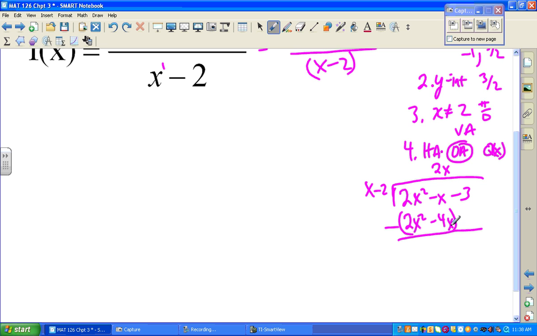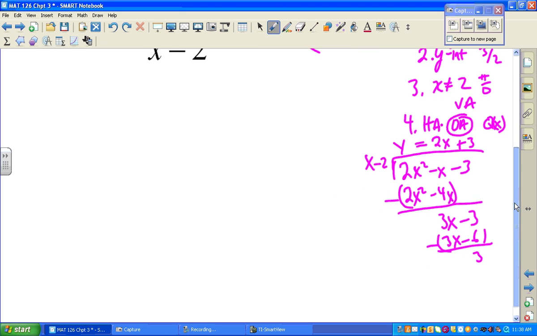Negative x plus 4x is 3x minus 3. And how many times does x go into 3x? Well, 3 times. 3x minus 6. You don't really worry about the remainder because it's not going to be graphed. So there's your oblique asymptote: y equals 2x plus 3.